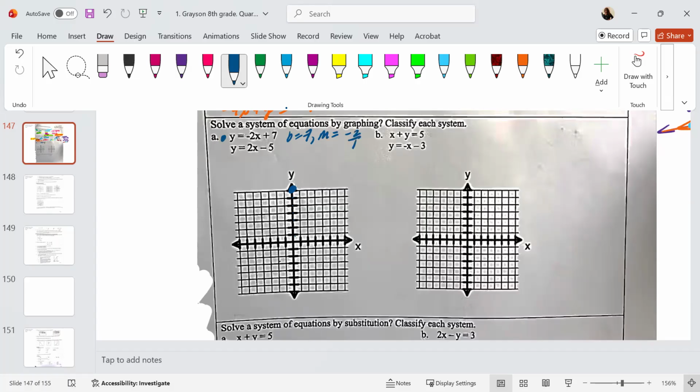So start at 7 and you go down 2 over 1, down 2 over 1, down 2 over 1. You draw your line. Remember that? Draw that. Here's a ruler. Then you grab the next one.